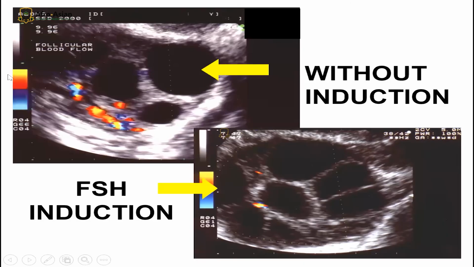This is without induction, and here it is with FSH, follicle stimulating hormone induction. Multiple mature follicles are seen. This is without induction, the normal follicles in a normal cycle, which is not a stimulated cycle, and we can find the flow here.